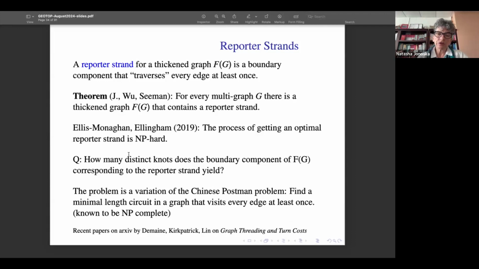So another question which might be of interest to this audience is this one here. How many distinct nodes does the boundary component of F(G) corresponding to the reporter strand yield? This is a question we have not been able to answer.